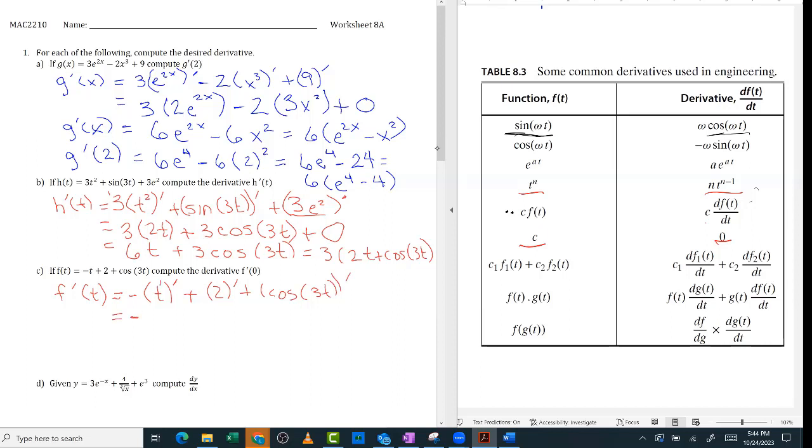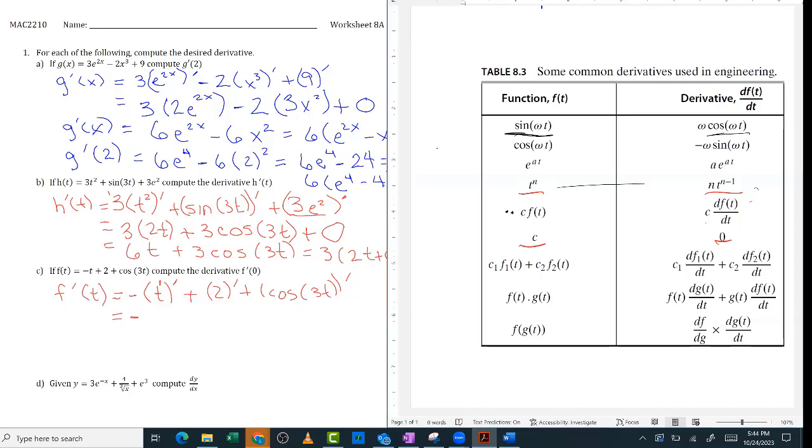This is really the same as t to the 1 power. If I use my power rule, it says bring that exponent down. I will get 1t to the power of 1 minus 1, which is 0. So I have 1t to the 0, but t to the 0 is 1. So this is really just minus 1.